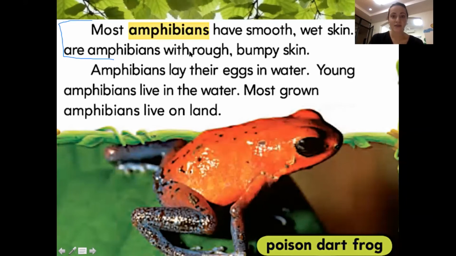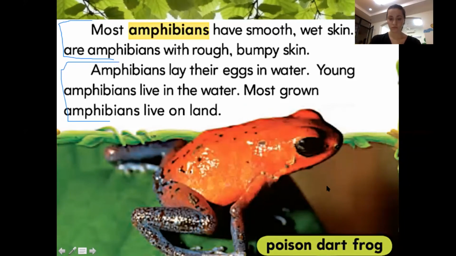All right, can someone read the next one for me? Let's see, who else haven't we heard from? How about John? John, could you read this for me? Amphibians lay their eggs in water. Young amphibians live in the water.